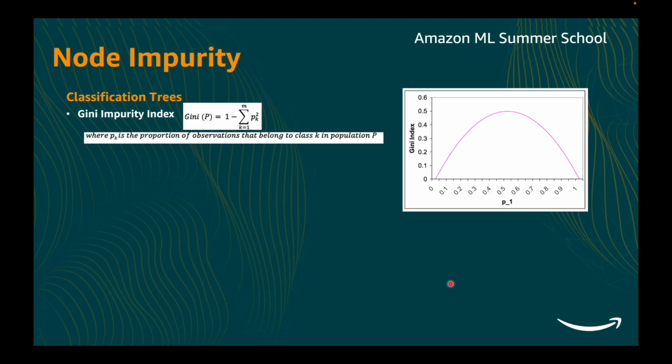Taking the node in, let's say, the right subtree, we calculate the Gini impurity value using 1 minus the square of the fraction of examples falling into each class, and we sum that over all classes.